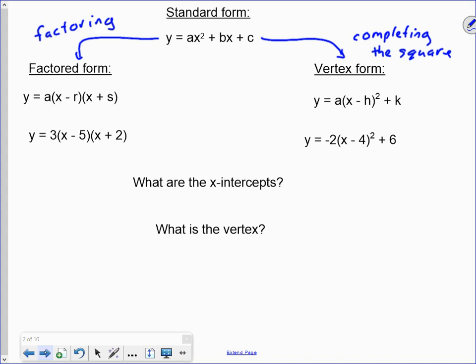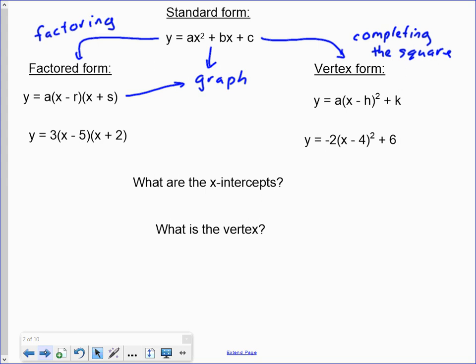And we also know how to take something that is in standard form and graph it by going into the factored form and then using the factored form to find some information about the graph. So why do we have all of these different forms? Well, factored form and vertex form are useful for two different things. There are two big questions that we want to know about a parabola if we've got the equation.